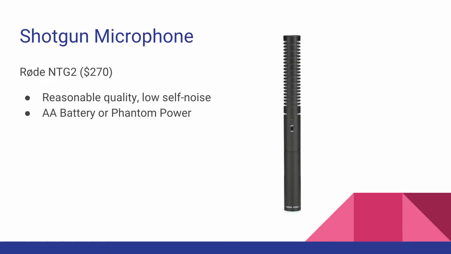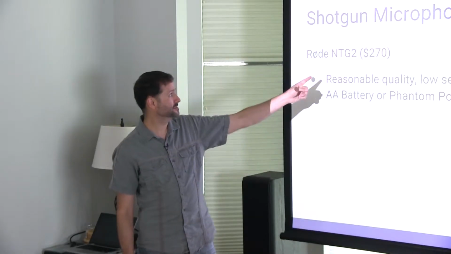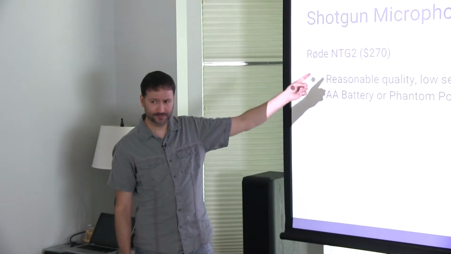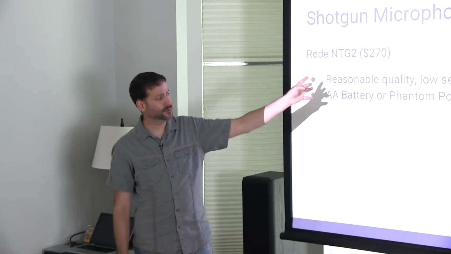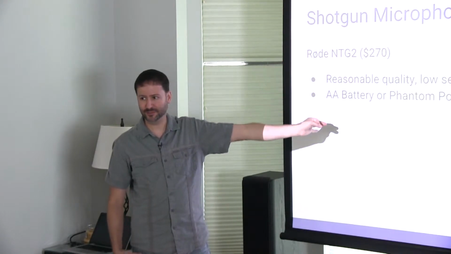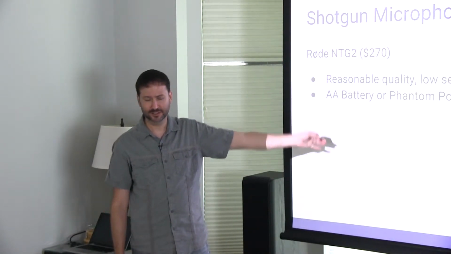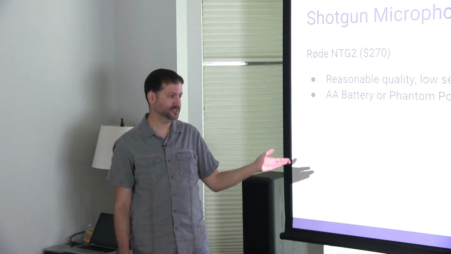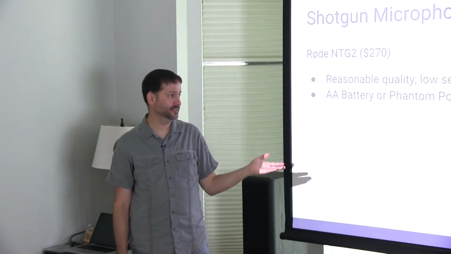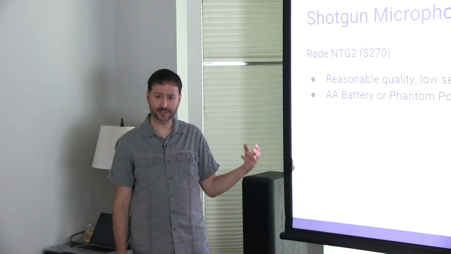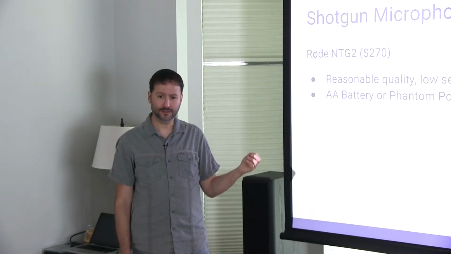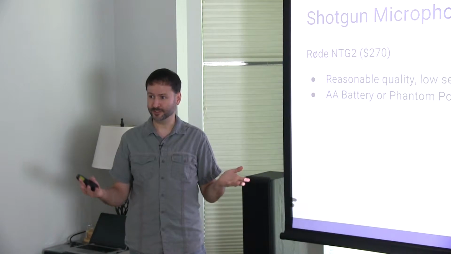Alright, so you need a microphone. If you're only going to have one, it should be a shotgun microphone. This is the Rode NTG2, which is currently about $270. This is what I would consider the bottom line microphone that you can have. Rode also makes something called an NTG3, which sounds quite a bit better, mainly in the high frequency stuff.